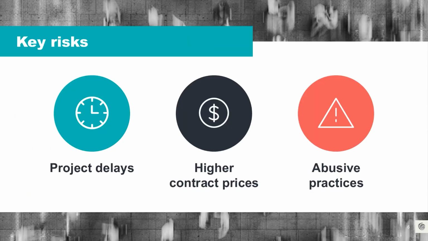So what does all this mean? First and foremost, we've got potential project delays. So a tight labor market means there may be limited resources available for your projects. And without proper staffing on your project, it's likely you can see the schedule slip because contractors don't have the labor required to meet the schedule requirements. This can drive the price of your project up.